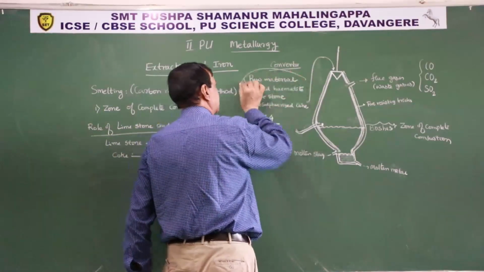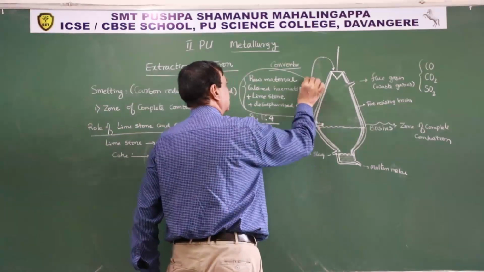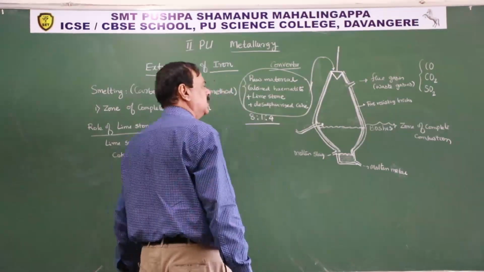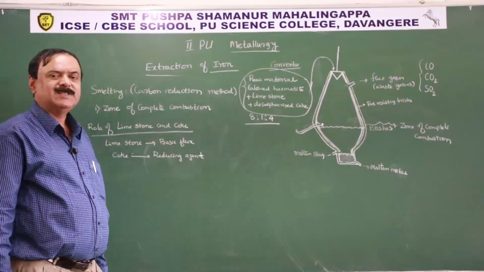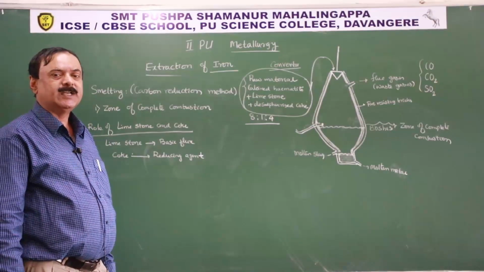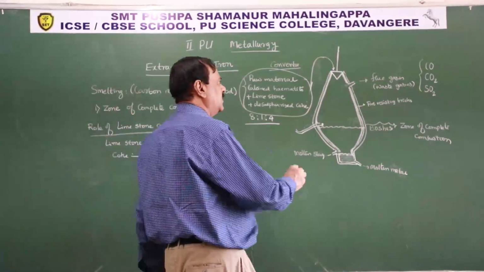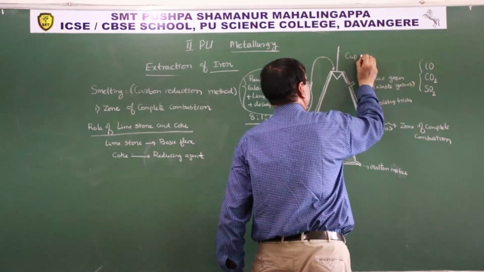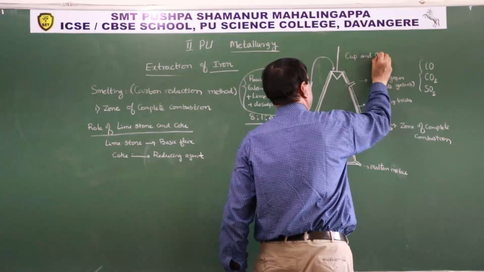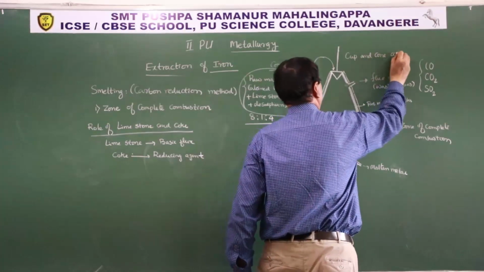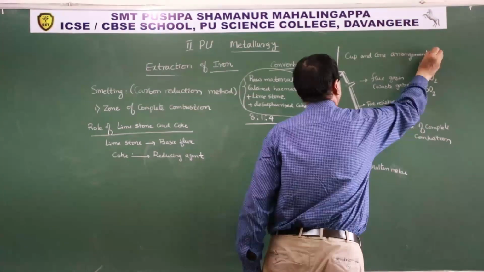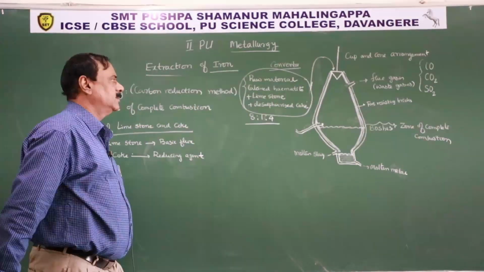This mixture is fed into the blast furnace by means of the cup and cone arrangement. Is it clear?